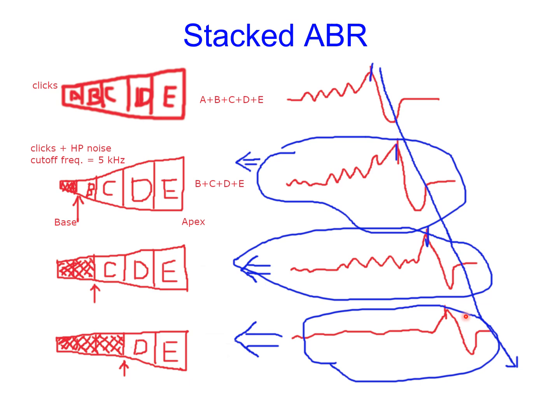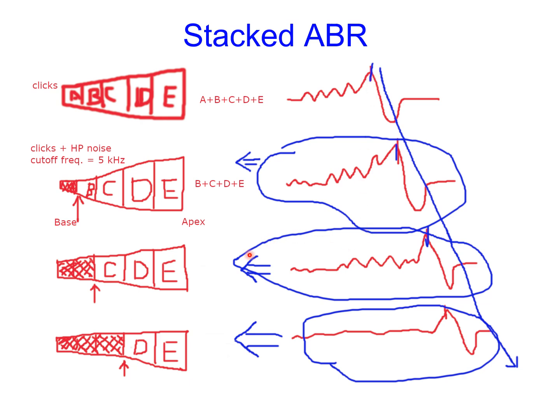The concept of stacked ABR is that we have several ABR waveforms whose wave 5 peaks are not aligned, because the latency changed when we changed the cutoff frequency. However, for the second waveform, we can temporarily move it toward the left so that its wave 5 is aligned with wave 5 of the first recording.